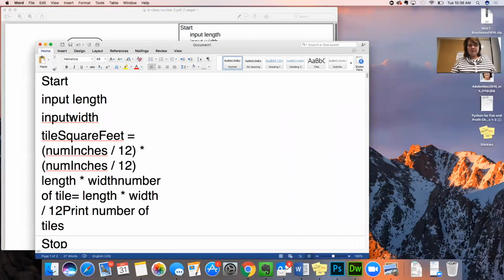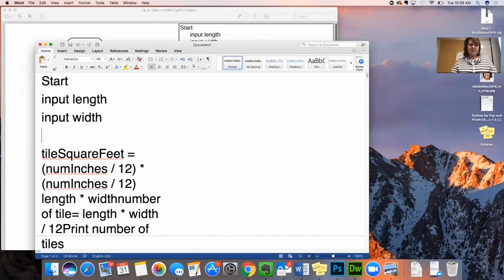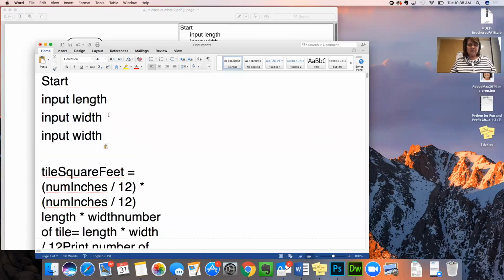So we have to say input number of inches for the tile. Input num inches is what we called it, I think. Okay, so now they actually calculated the, let me see, I can't get it up there now. Let me see here.